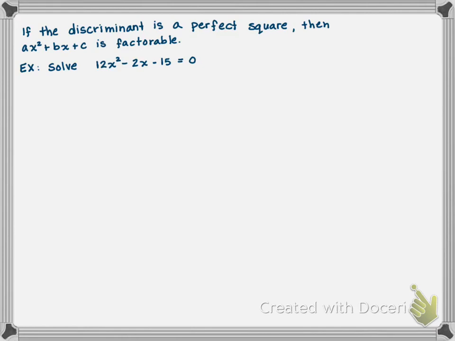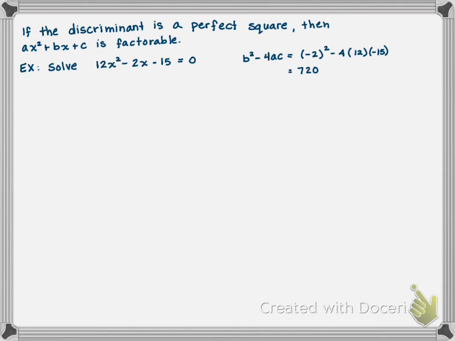So instead, we can say b squared minus 4ac, so our discriminant, is equal to negative 2 squared minus 4 times 12 times negative 15, which is equal to what? 720. Everybody else get 720?